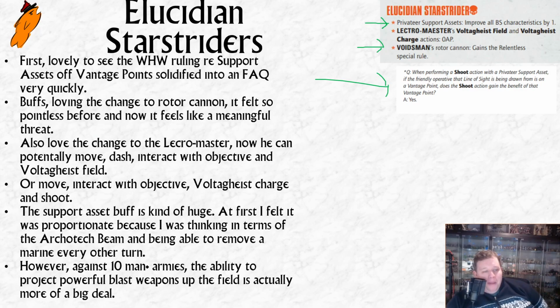So now, infinite range, quite accurate, quite deadly blast. If you can be killing 2 or even 3 Vanguard, Novitiates, whatever it might be, especially on Is the Dark, where these support assets work, it seems like that might be quite strong.